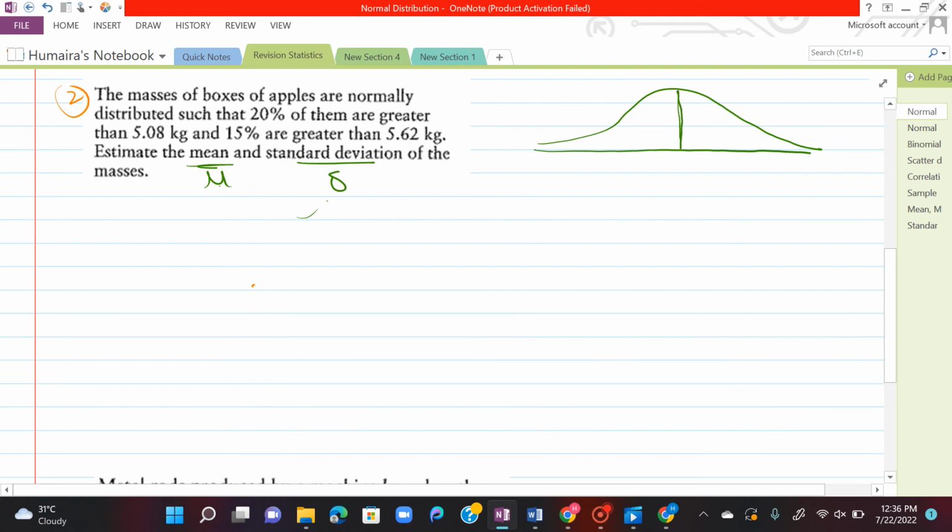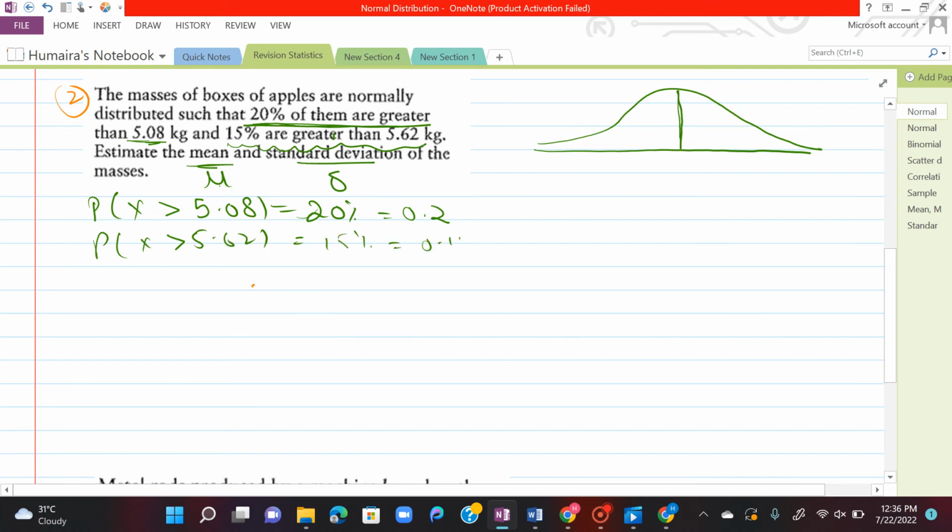Okay, now let's read the question and pick up the important points from here. The masses of the boxes of apples are normally distributed such that 20% of them are greater than 5.08. I write it in numerical form: 20% are greater than this value, and 20% means 0.2. Next it says that 15% are greater than 5.62, and 15% means 0.15.